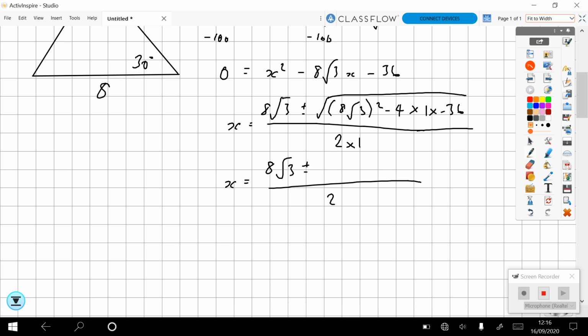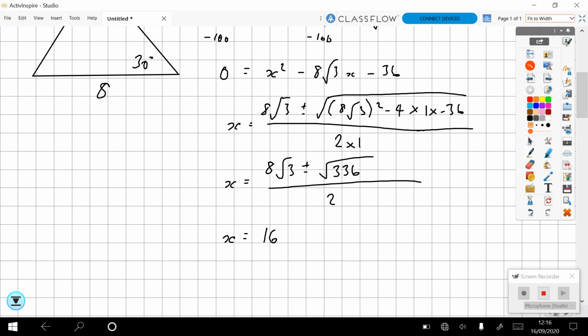This gives us the square root of 336. x equals 8 root 3 plus root 336 all over 2, which as a decimal is 16.2.